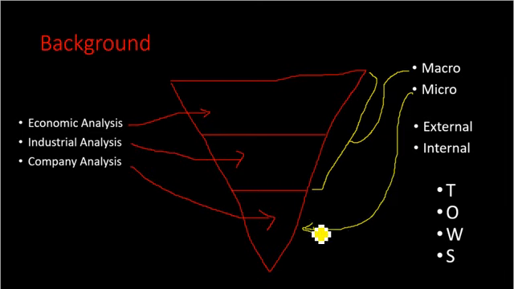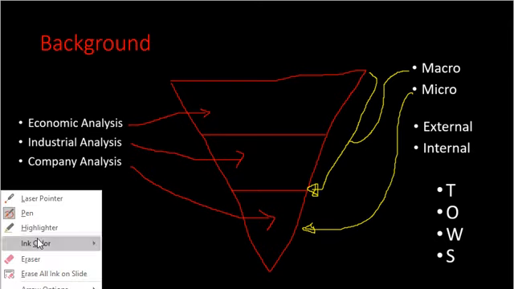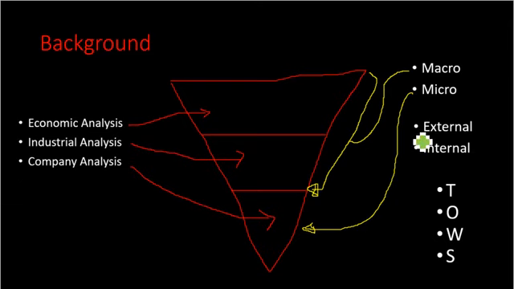So that is now your micro and macro analysis. What about external and internal? The same with macro and micro. So let's use a different color for our pen, maybe green, because they are almost similar.